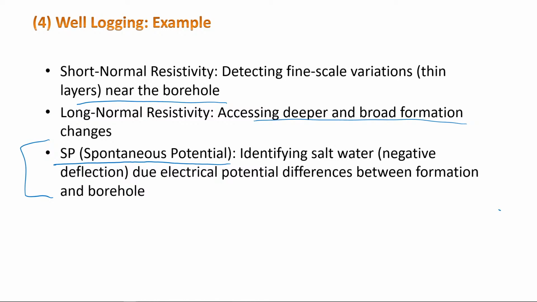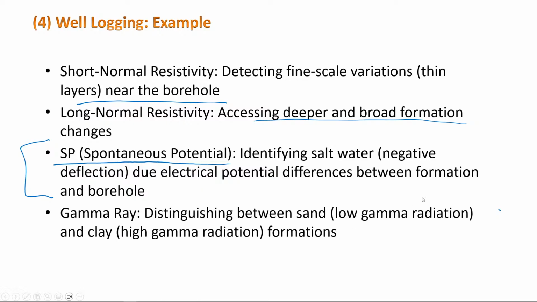This movement of ions creates an electric potential difference, which is measured by the SP tool, self potential. Negative deflections are caused by the flow of ions due to salinity difference between the formation water, with higher salinity, and the drilling fluid, with lower salinity. The greater the salinity difference, the more pronounced the deflection. So that's self potential.